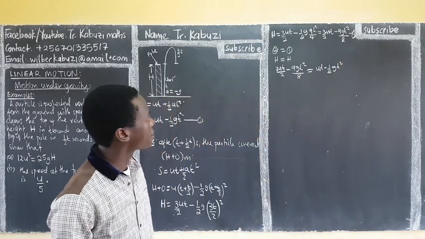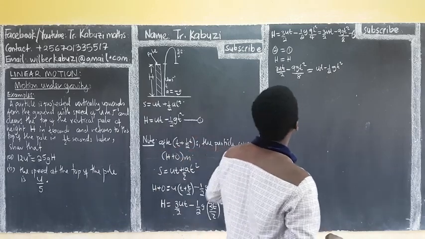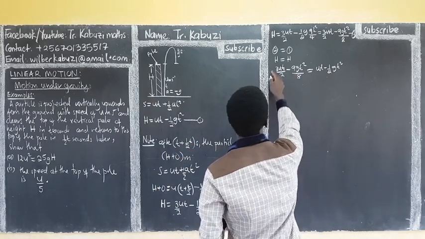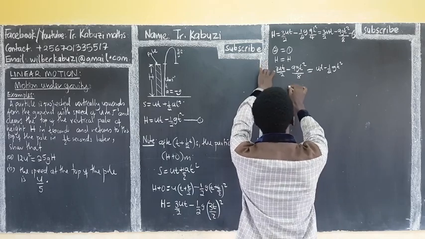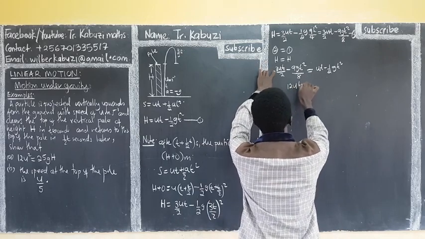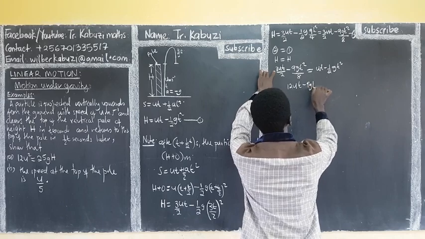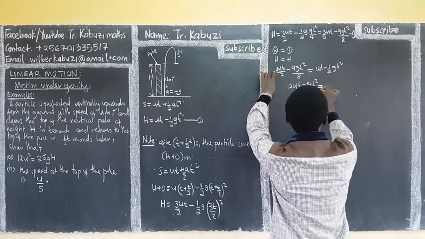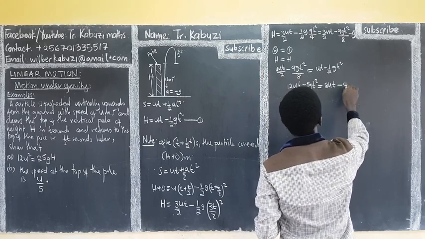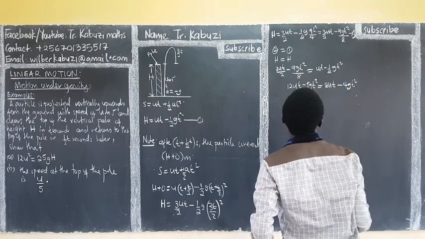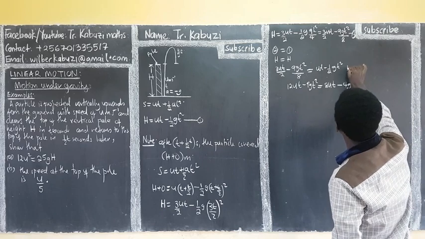As simple as that. So if you multiply through by 8, I'll be having now 12ut minus 9g t squared equal to 8ut, then minus 4g t squared.